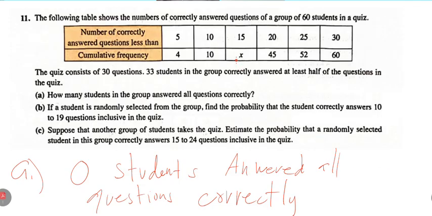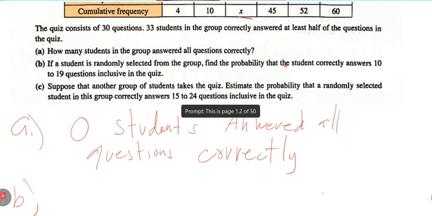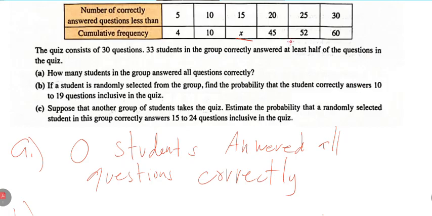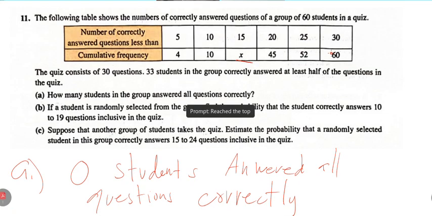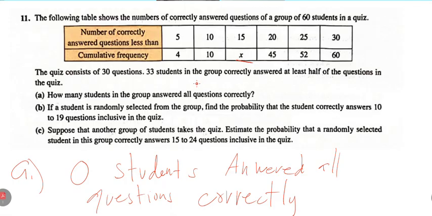60. Now let's find out the value of x. Looking out here, the total number of students is 60, and the number of students who scored 15 or more is 33.